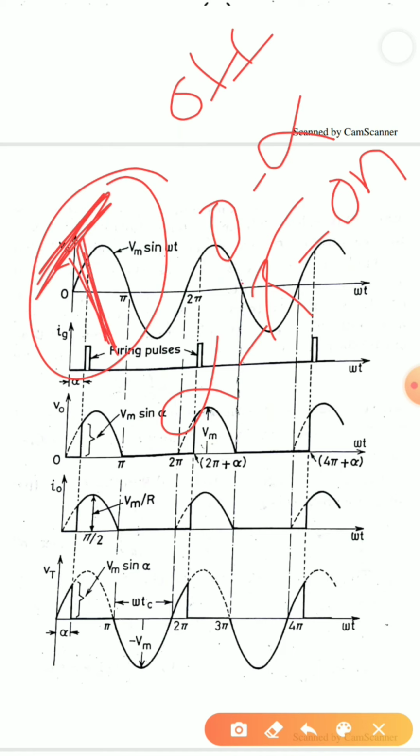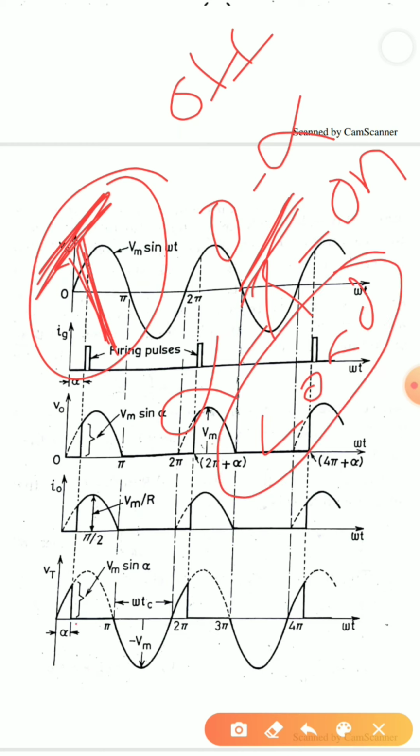When the thyristor is turned on, it is just providing a path so that all the voltage drop and current appear across the load. So during this interval there is no voltage across the thyristor. Why? Because it is conducting to the load. During the off duration, some voltage appears across my thyristor.